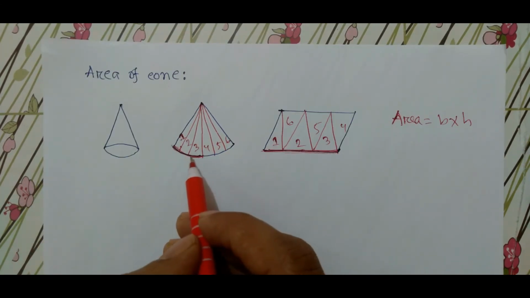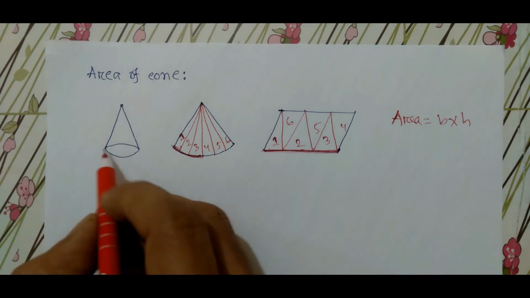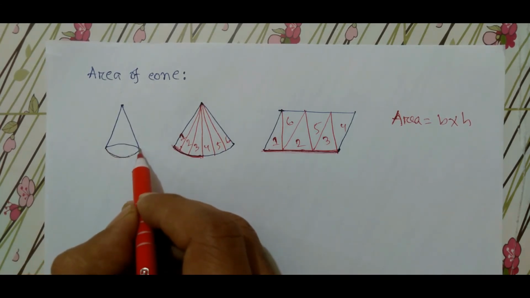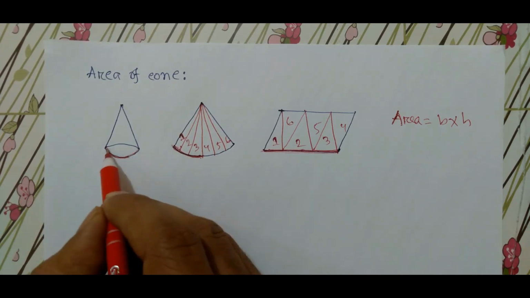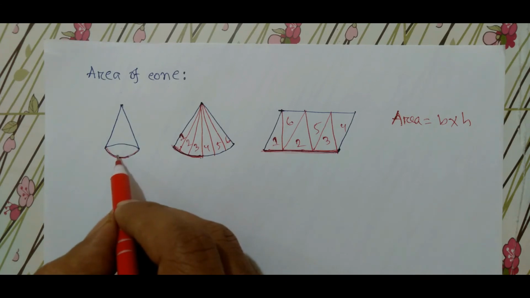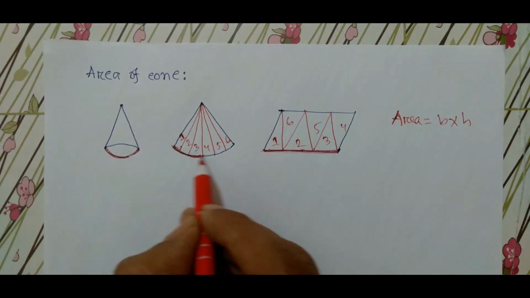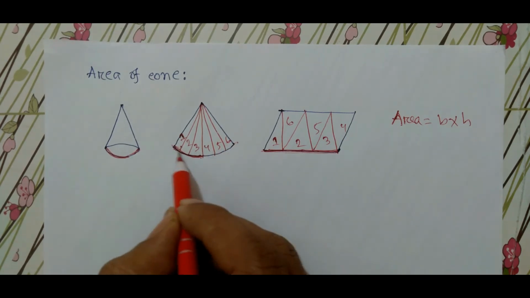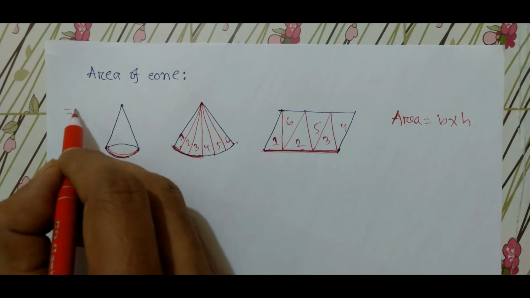1, 2, 3 portion is how much in the cone? This 1, 2, 3 portion is the half of circumference. Total portion is the circumference, and 1, 2, 3 portion is the half of circumference. Do we know the value of circumference is 2 pi r?